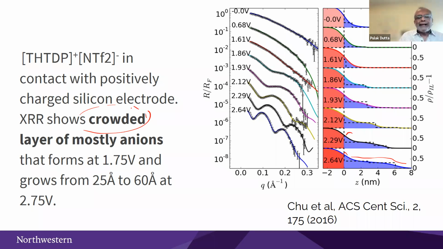And so you have a pileup, you have a traffic jam, you have all these ions collecting here, which of course completely changes the physics. It's not a parallel plate capacitor with a specific distance. It's a range of distances. And as you increase the voltage, the thickness of this pileup gets bigger and bigger and bigger. Okay, so that's your crowded layer, and it only happens at large enough voltages.